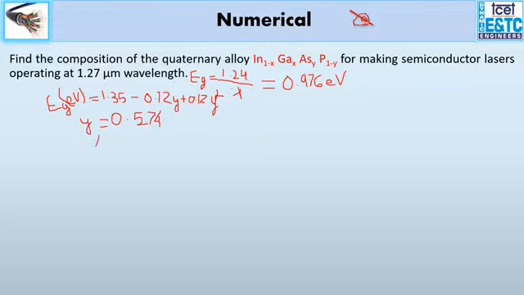You know x by y is 0.45. So what is x? 0.45 into 0.574. Yes, 0.258.